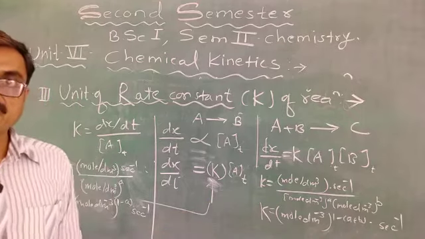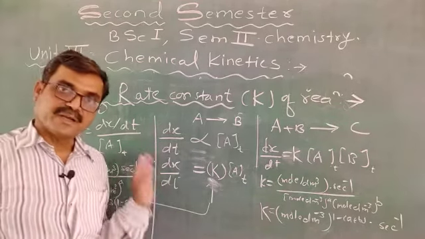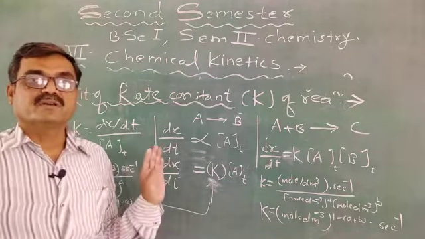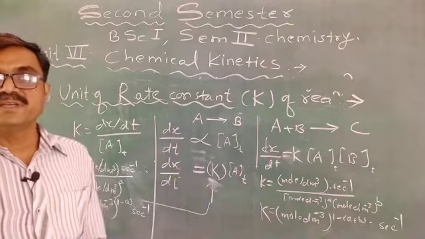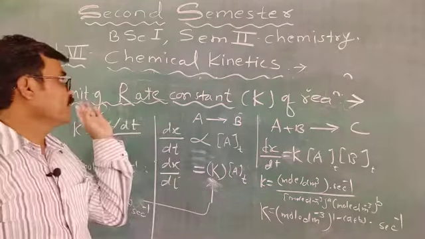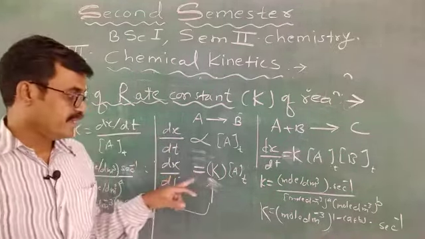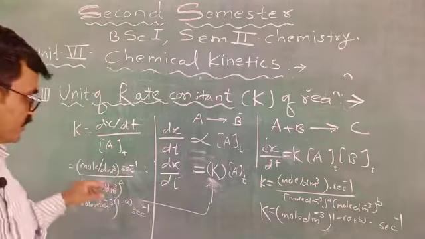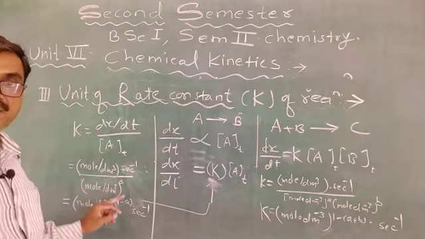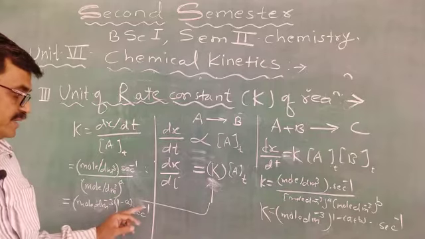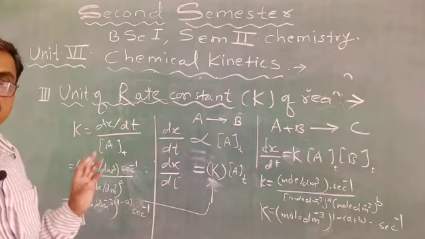Rate constant is the rate of reaction when the concentration of the reactant species is unity. The unit of rate constant K is moles per dm cube raised to 1 minus a plus b, into second inverse.